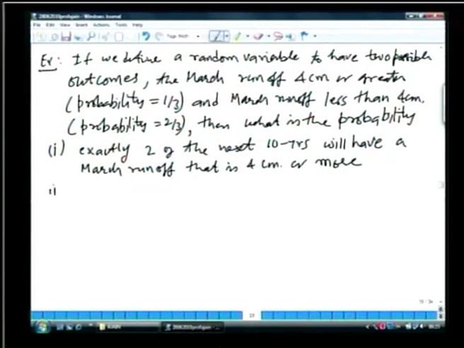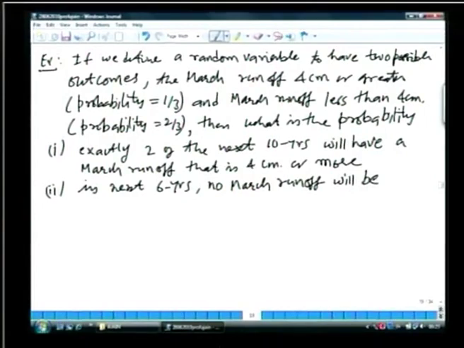That is part 1. In the second part, we have to find the probability that in the next 6 years no March runoff will be 4 centimeter or more.